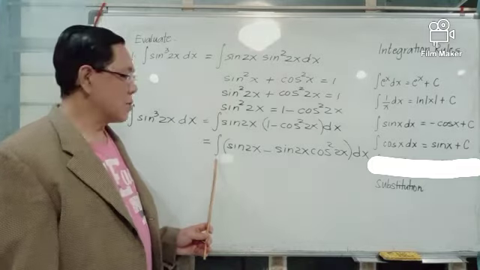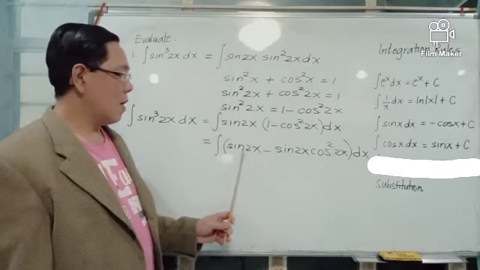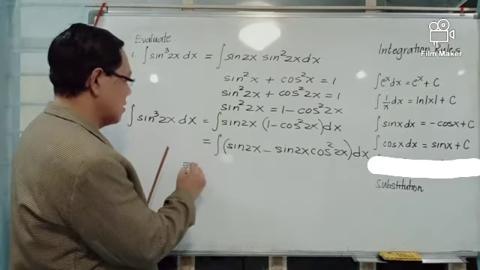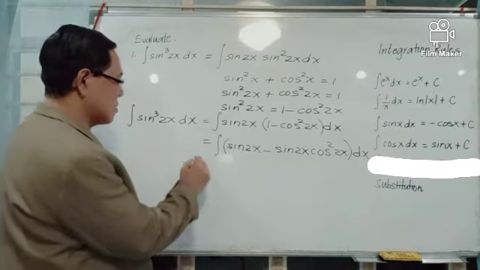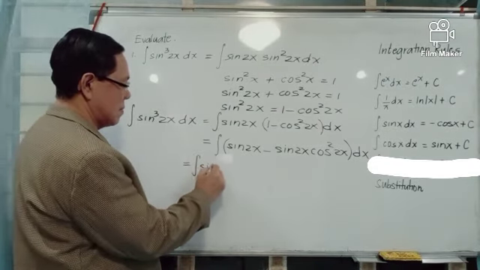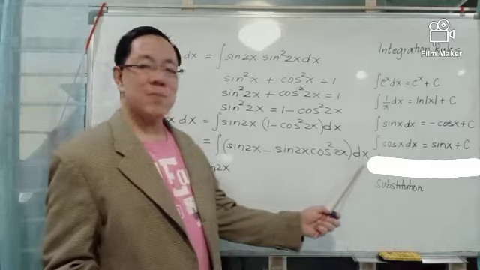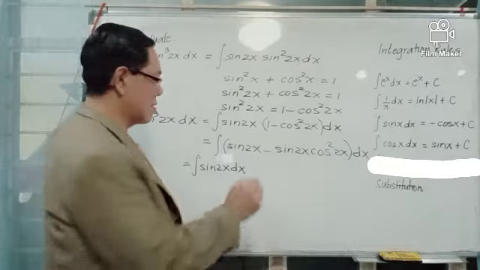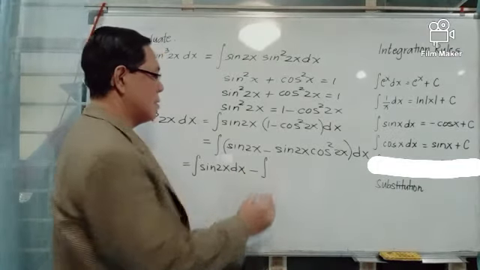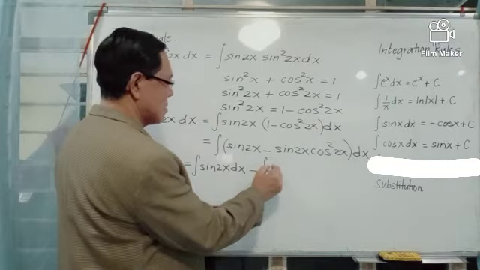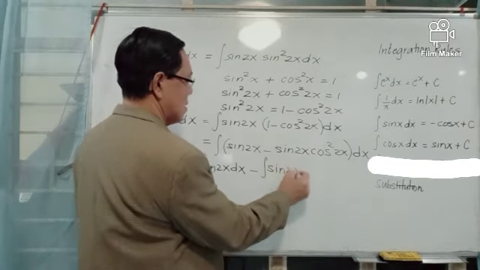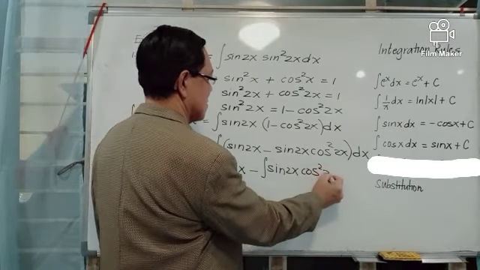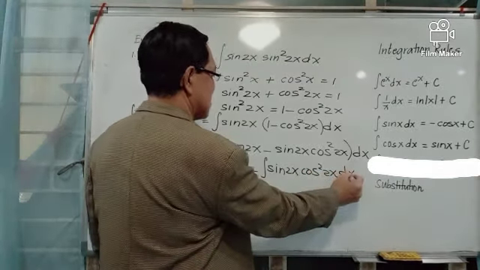By that rule, this is equal to the integral of sine 2x with respect to x minus the integral of sine 2x cosine squared 2x with respect to x.